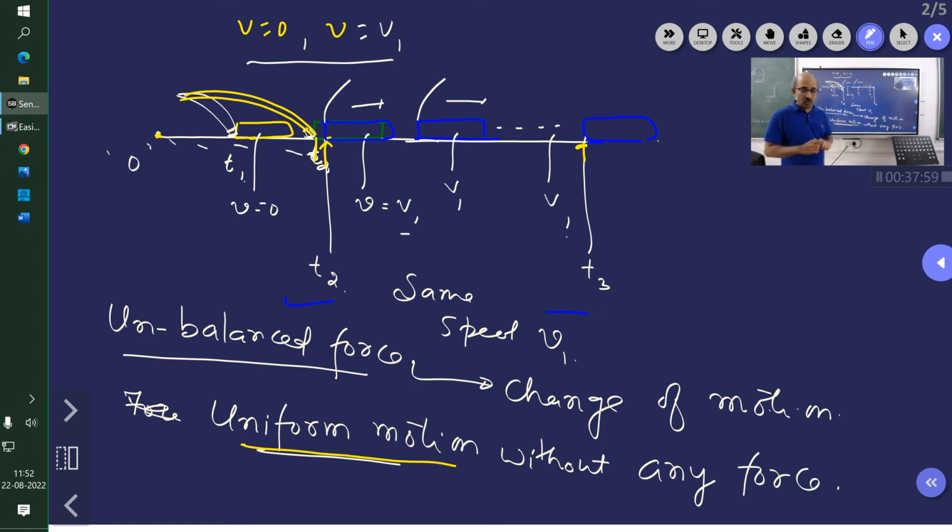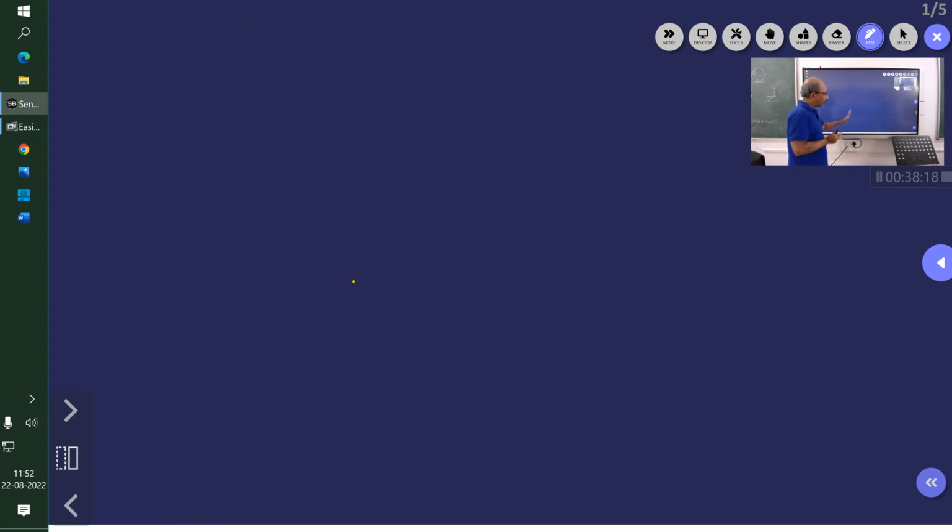Very important conclusion. So from now on, your perception of motion must change. And this is what we have learned in both our classes. Is that clear, students? Okay, fine. Now all these observations that we have done were very carefully observed by great scientists, especially Newton, and he summarized them.